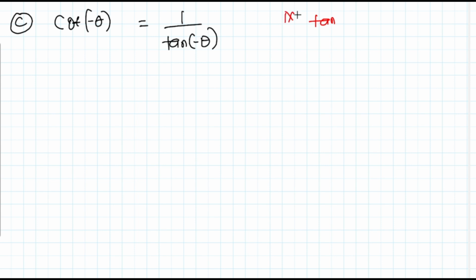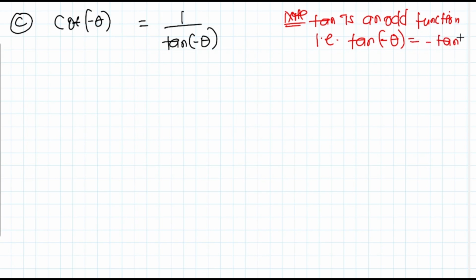So note, tan is an odd function, that is, tan of minus theta equals minus tan theta. We can just apply it here instead of using negative angles because we don't know the value of theta, so it's going to be complex. So let's just use our identity.